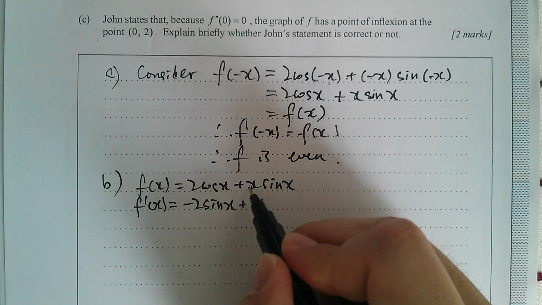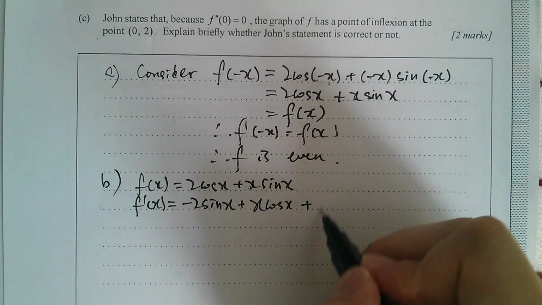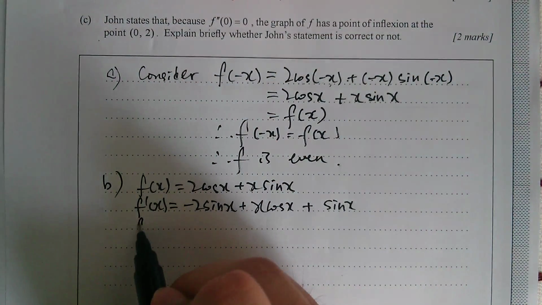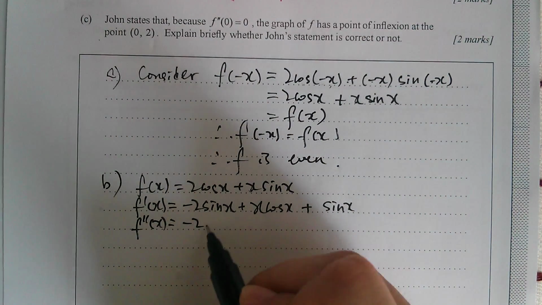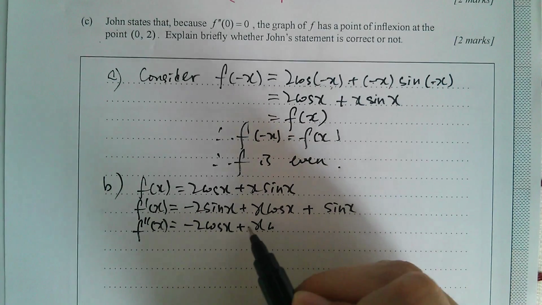So we copy the first one, differentiate the second one, plus differentiate this one, which is 1, copy the second one. Okay, differentiate it. Double prime, the second derivative, right? Differentiate this again, differentiate sine is cosine. Product rule again.